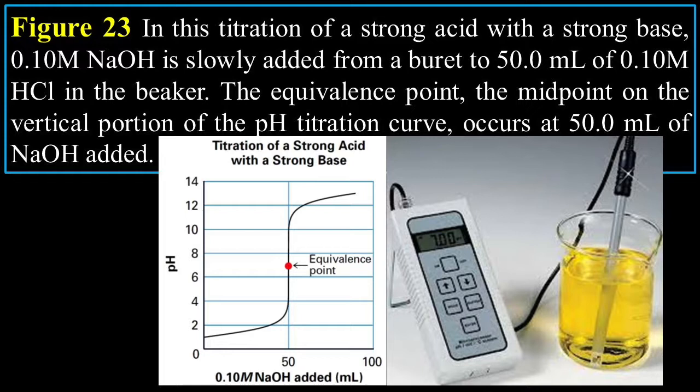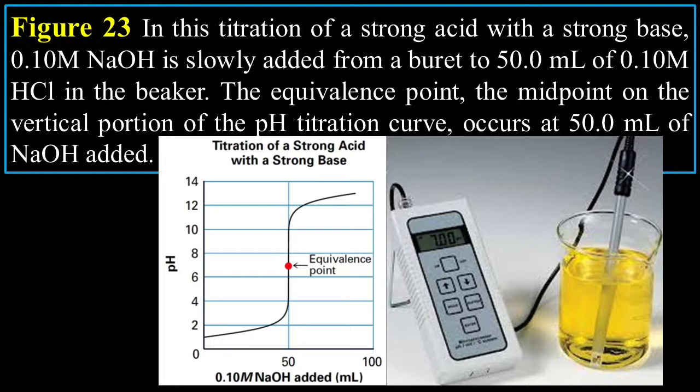Figure 23, in this titration of a strong acid with a strong base, 0.01 molar NaOH is slowly added from a burette to 50 milliliters of 0.10 molar HCl in the beaker.